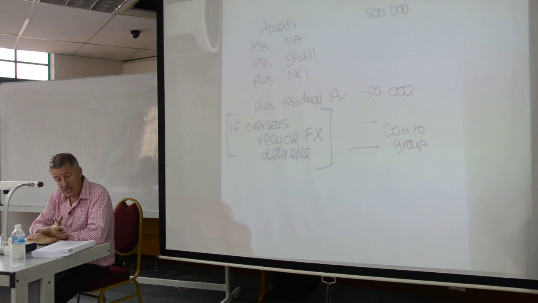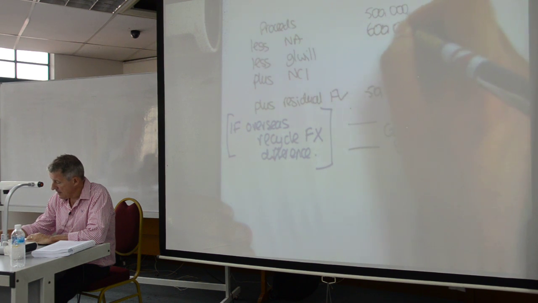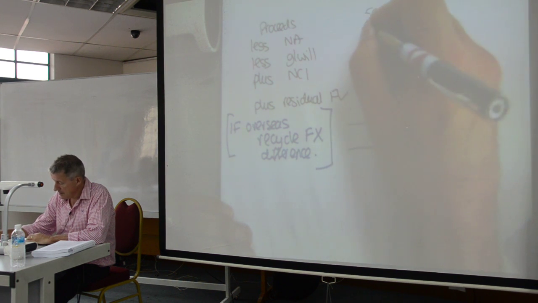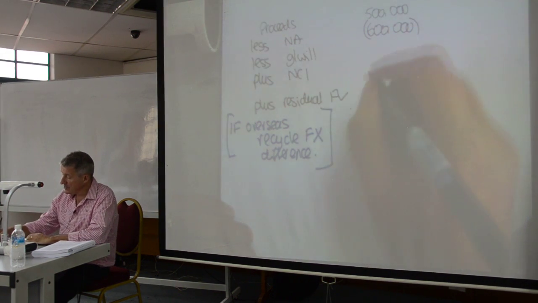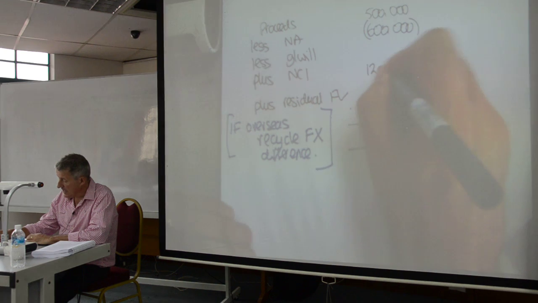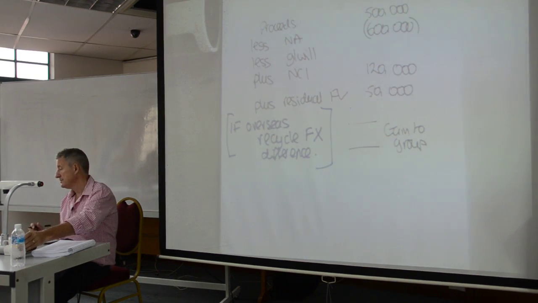At the year end, the date of disposal, the net assets of YAT are 600. And the NCI is 120. How much is the goodwill?